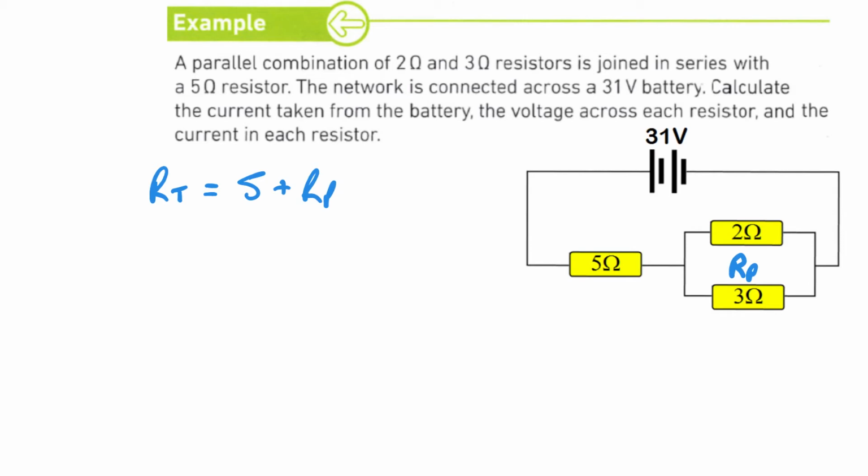So if we can find that parallel combination, and then it's in series with the 5, we can just add those. So we need to find that parallel combination. So stop the video and see if you can find the resistance of that parallel combination for me.